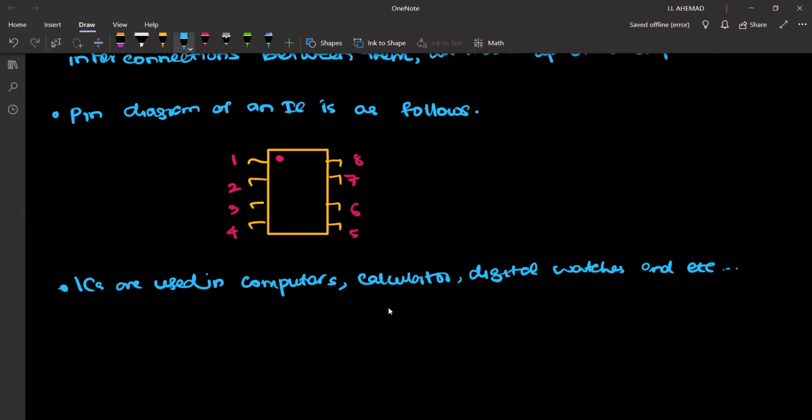If you are using it in a computer or in digital watches, or whatever in between, the probability of using an IC is very high, right?